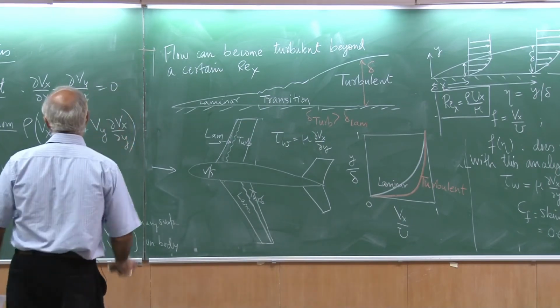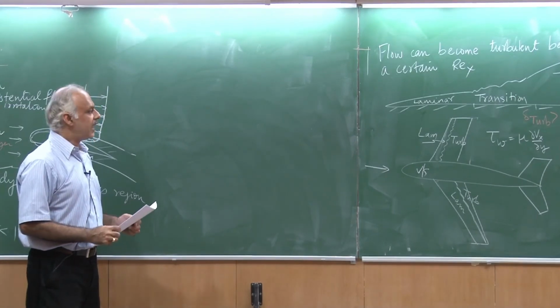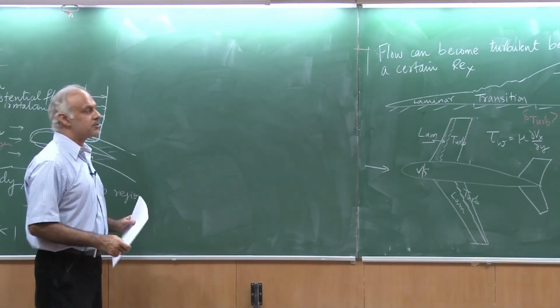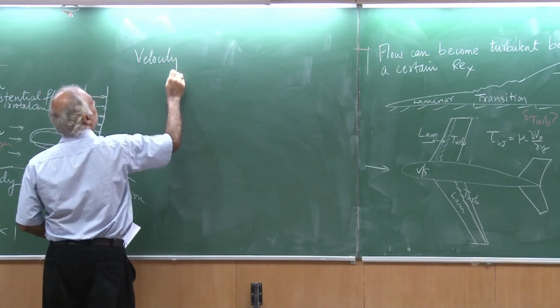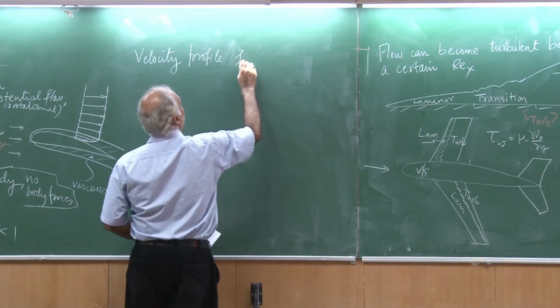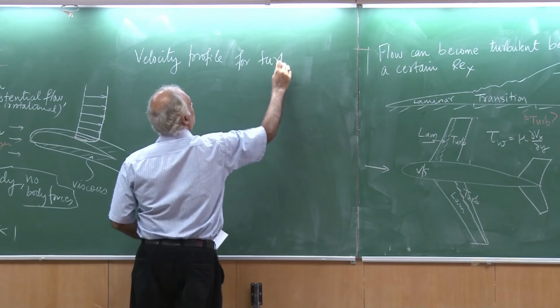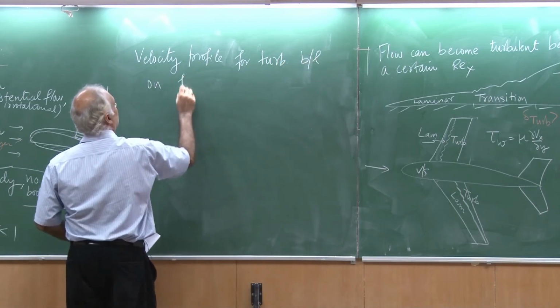How about the expressions? Typically, a turbulent flow has a power law velocity profile. So, the velocity profile for a turbulent boundary layer on a flat plate.